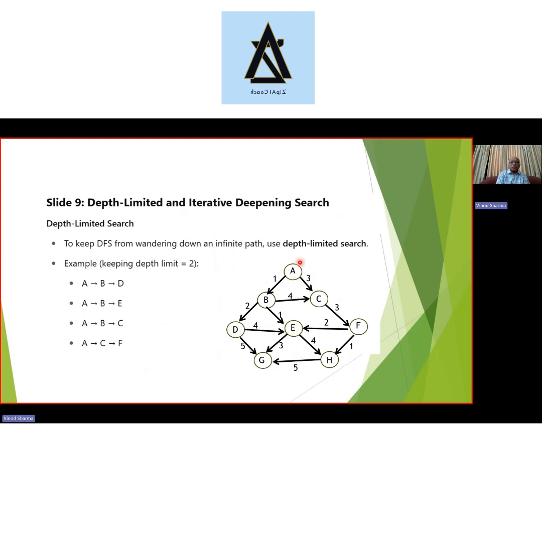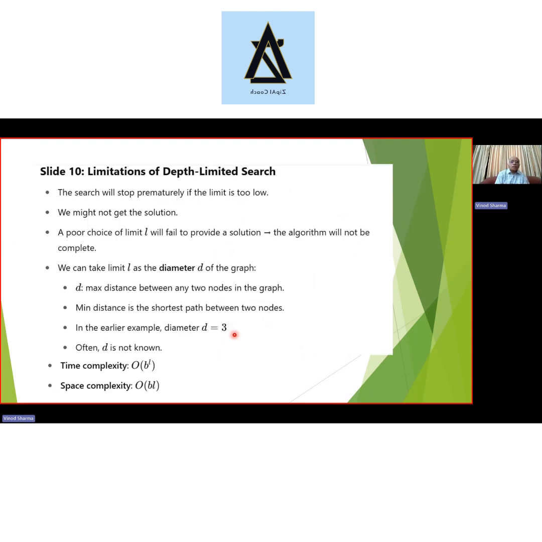From A to G, you can go in 3 steps. From B to H, you can go in 2 steps, and so on. The maximum number of steps needed between any 2 nodes is called the diameter. In this graph, it is equal to 3. So if in depth limited search we took the limit equal to 3, then we would have obtained the solution.